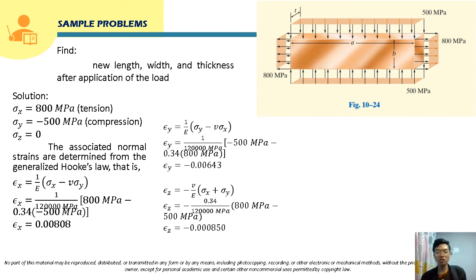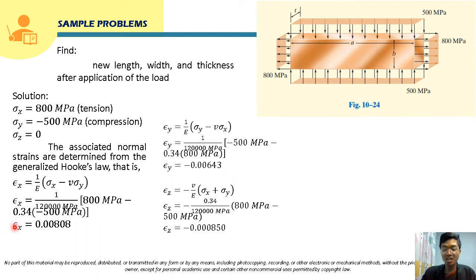So this will now be the values of the strains in all directions: x direction, y direction, and z direction. Analyzing these values, for the strain in the x direction, since the strain is positive, this length A will elongate.